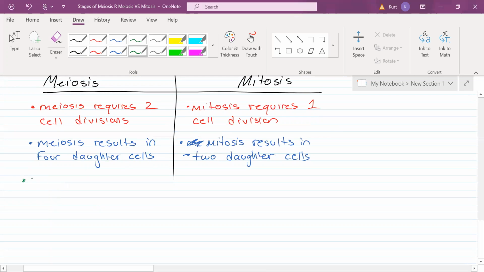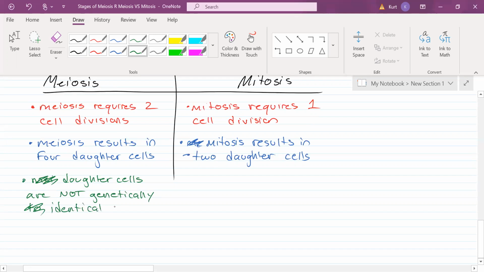Okay, in meiosis, the daughter cells are not genetically identical to the parent cell or each other.